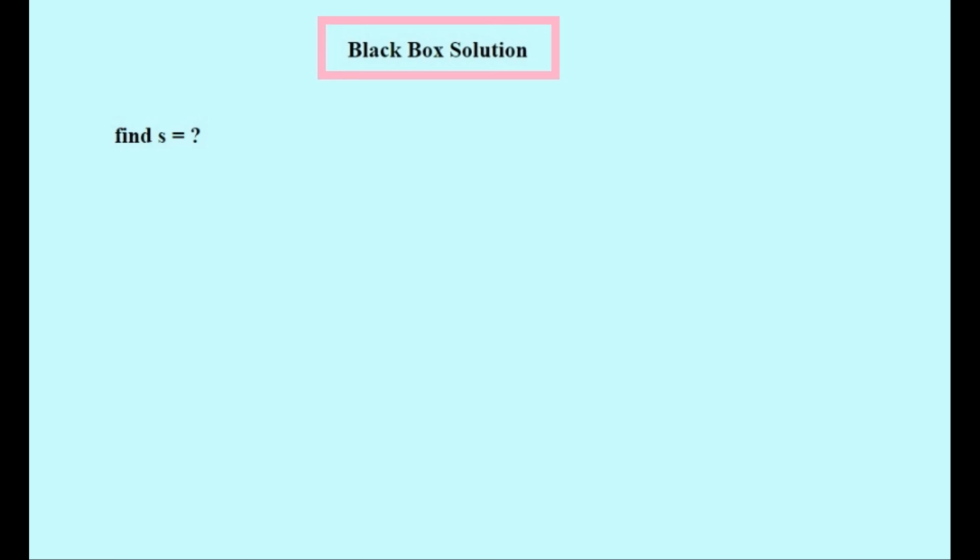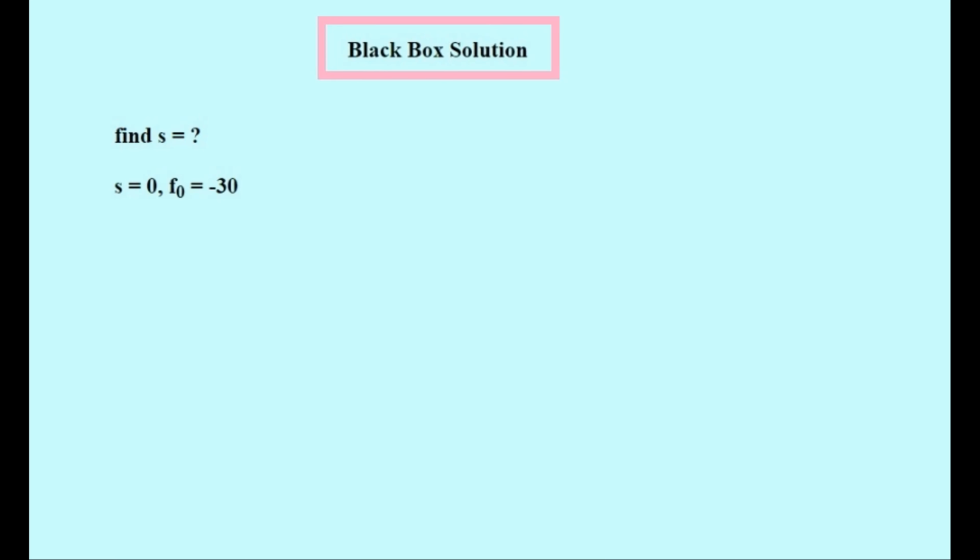Now let's try out a black box model of this equation, so that we can see it from the computer's perspective. We can't see what the function f is, and only see its outputs for different values of the unknowns, just like the computer sees it, so that it has to reconstruct the function. We'll let s be the unknown variable.